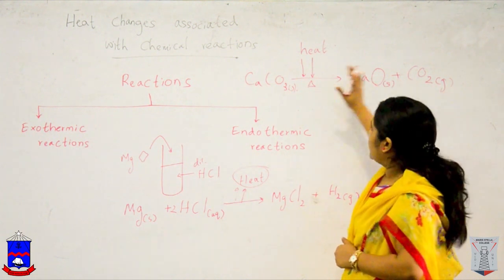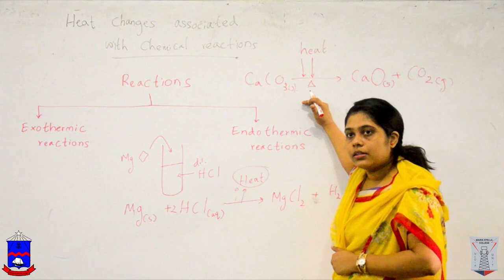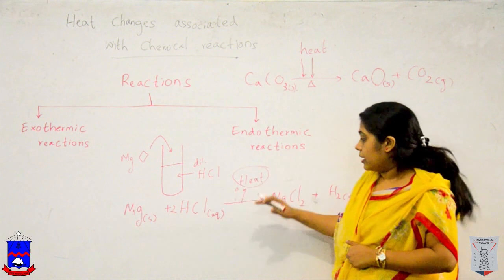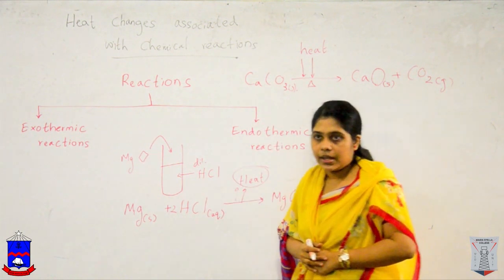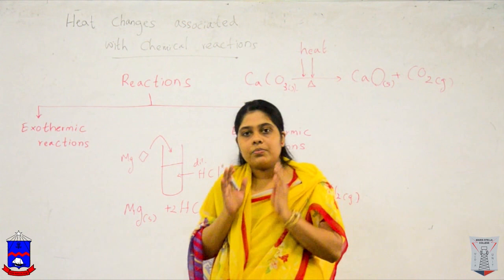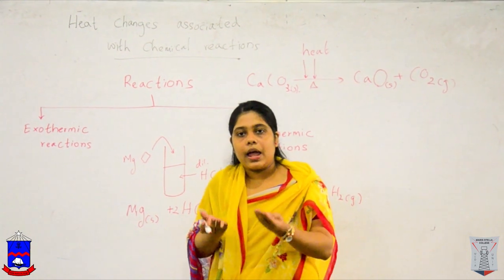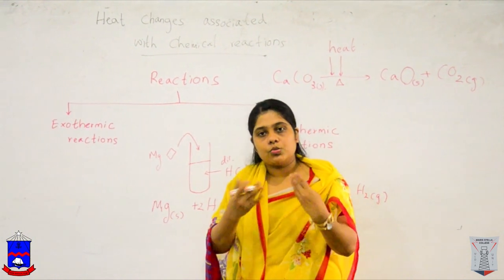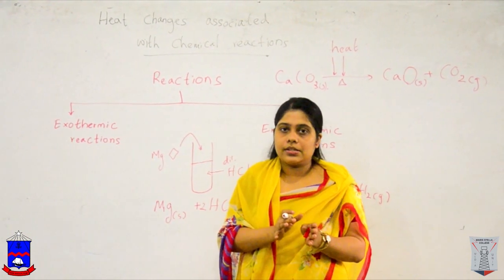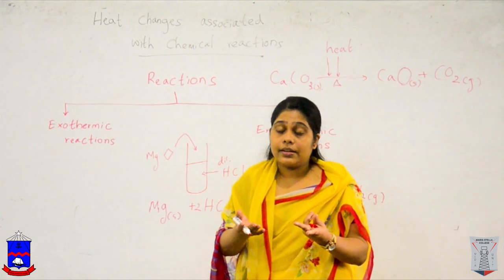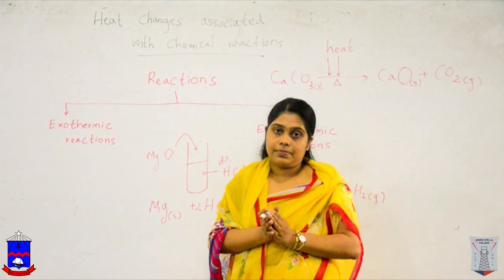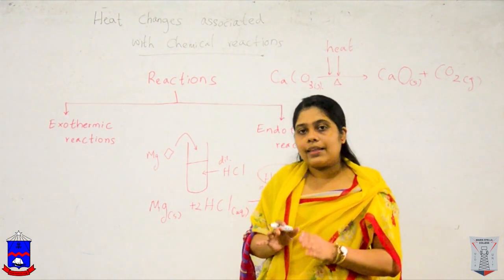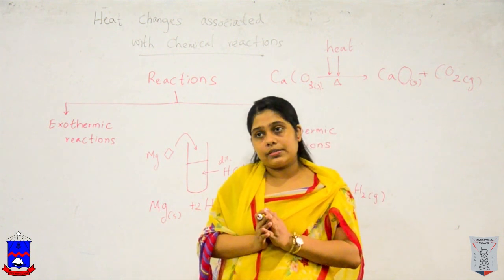So this reaction needs to absorb heat, whereas the other reaction releases heat. You can understand some reactions need heat to be absorbed in order to happen, and some reactions release heat during the reaction.